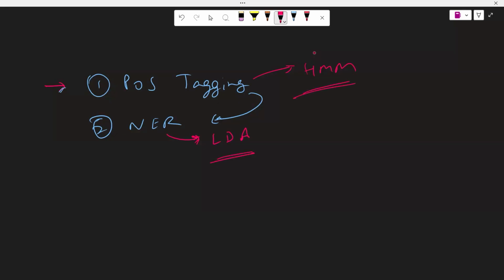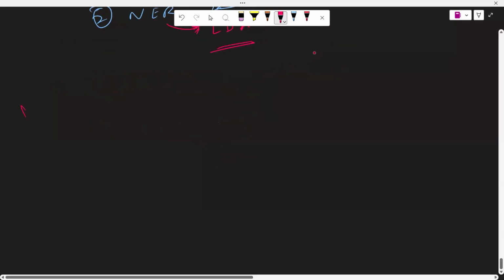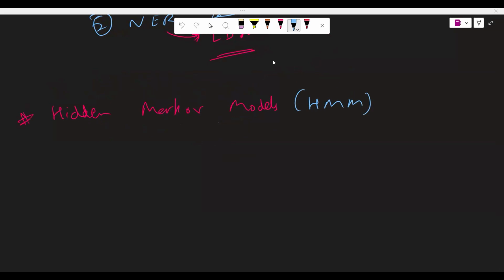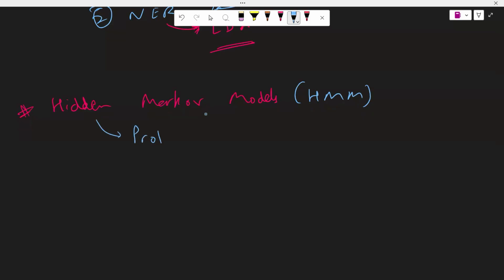Now, coming specific to the hidden Markov model, let me just write it over here. So, hidden Markov models, short formed as HMM, are those models which basically help you deal with probabilistic states. These are probabilistic models.